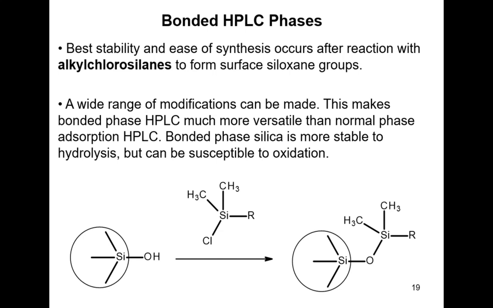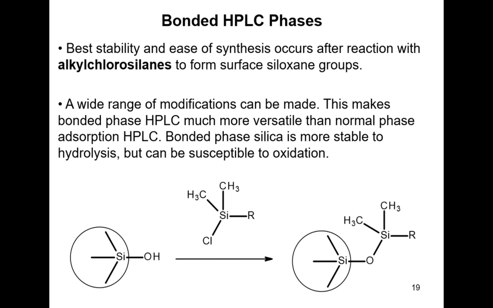What it involves is using reagents where you're effectively adding another layer of silicon atoms around the surface of the particle. Using reagents where you've got a silicon atom attached to chlorine to promote the linking reaction, and a range of different alkyl groups attached to the silicon.